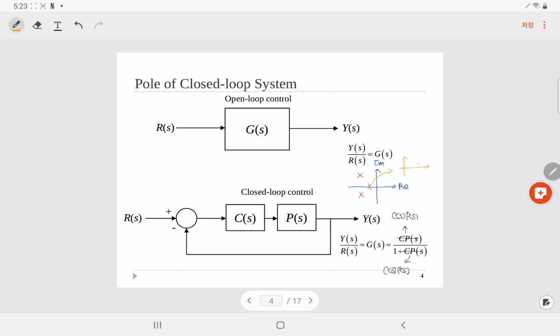Then this pole, which has an imaginary part, will produce the damped natural response decaying to zero as time t approaches infinity. So this can be described like this.